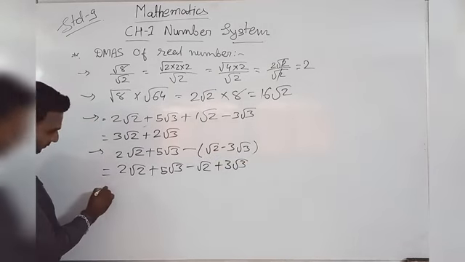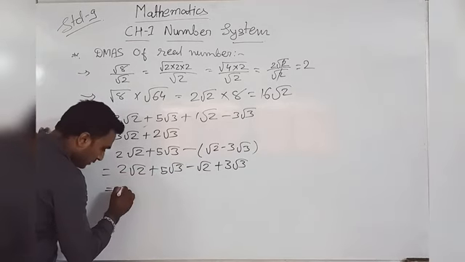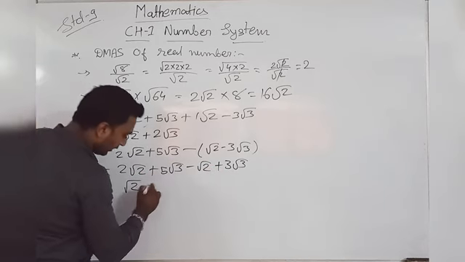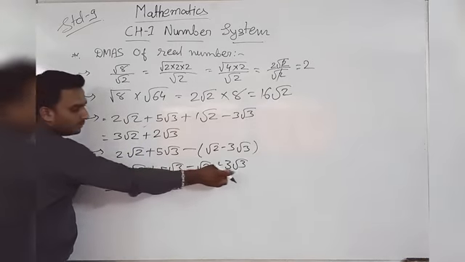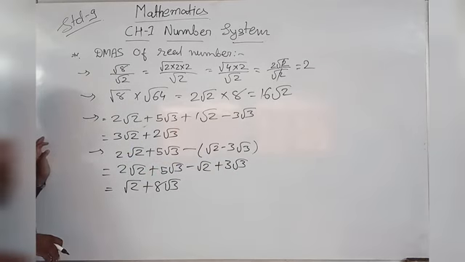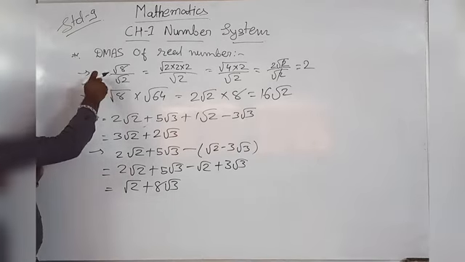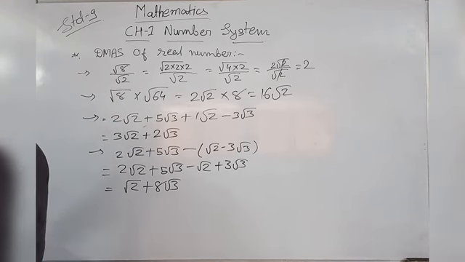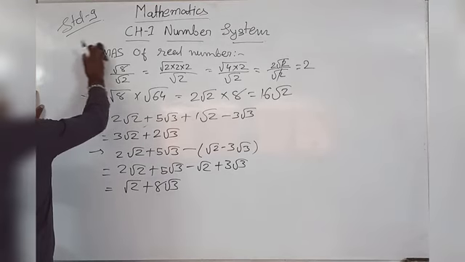Now 2 root 2 minus root 2, 2 minus 1, is 1 root 2. Then 5 root 3 plus 3 root 3, 5 plus 3, is 8 root 3. We need the same terms, then we can do the addition and subtraction. Now this will be your answer of subtraction. This is division, multiplication, addition and subtraction. Clear? Now next we use that particular equation for the sum.